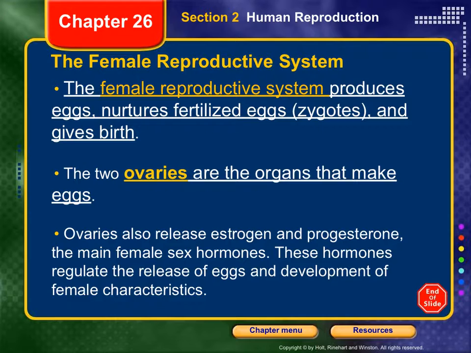The ovaries not only make eggs, but to control how eggs are produced, there are other hormones, estrogen and progesterone, that help regulate when eggs are released and when other female characteristics appear during the puberty time period.